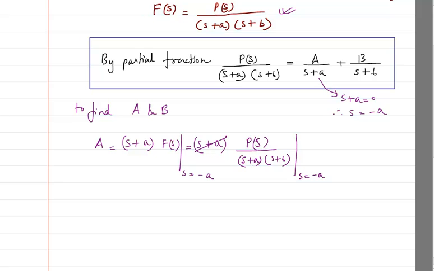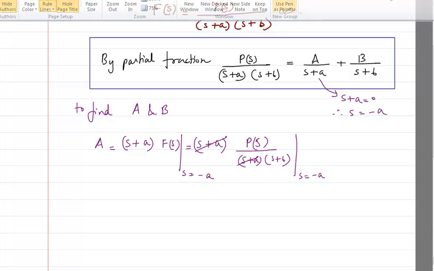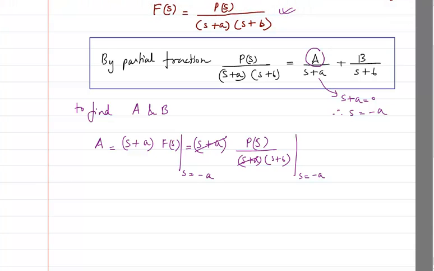The s plus a and this s plus a will cancel off. What will remain is P(s) over whatever denominator is remaining. So basically, if you want to find A, you substitute the value s equal to minus a after taking this factor out.